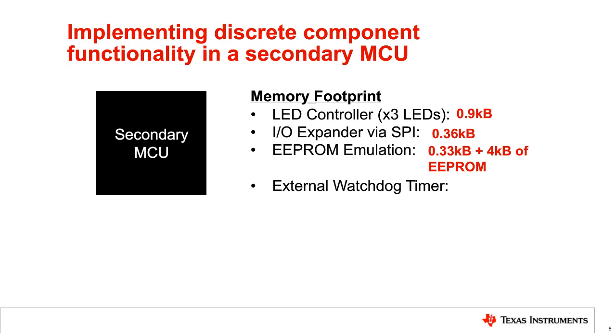You're looking at obviously 4K of FRAM, and then also another 0.33K to get that set up. And then say I wanted to add an external watchdog timer in software, another 0.37K of memory. So all in all, to implement this into an MCU, you're looking at a memory footprint of about 6 KB. So typically you'd probably go for something like an 8 KB device with that much memory on it.